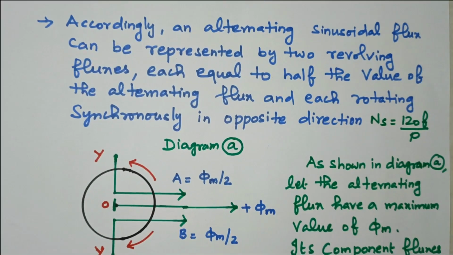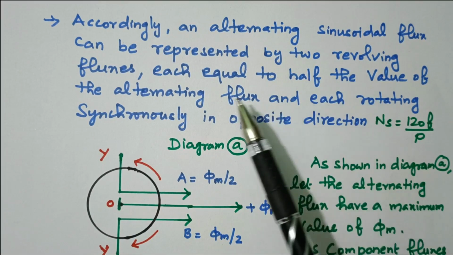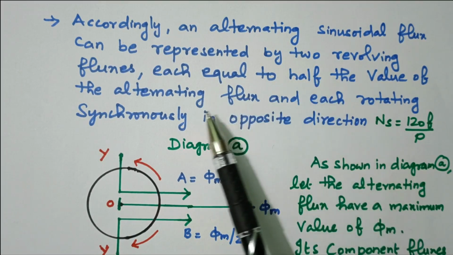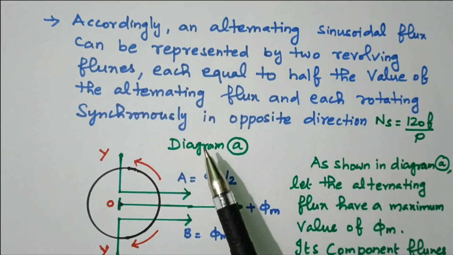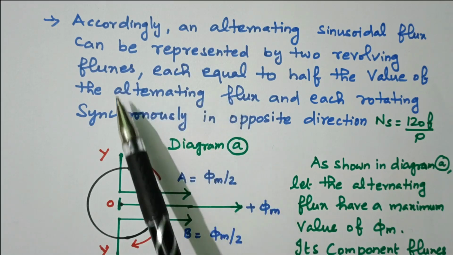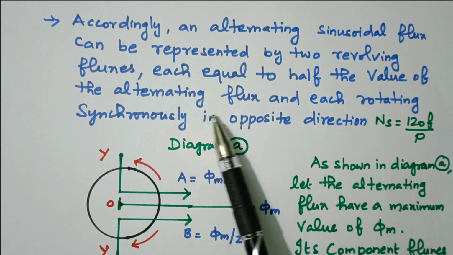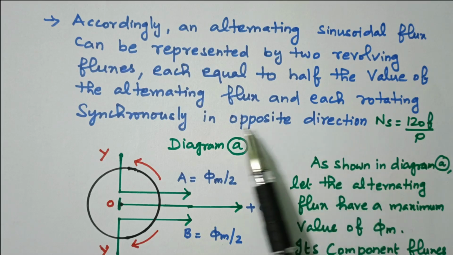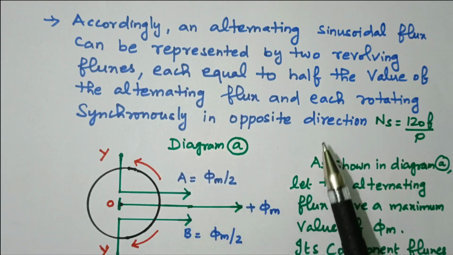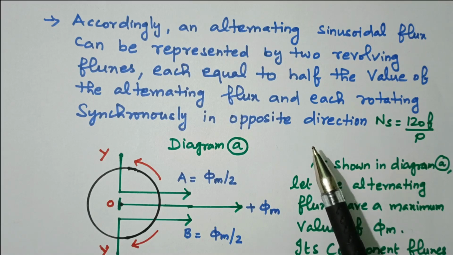Accordingly, an alternating sinusoidal flux can be represented by two revolving fluxes, each equal to half the value of the alternating flux and each rotating synchronously in opposite directions. Right, so we have two fluxes of equal magnitude rotating in opposite directions.